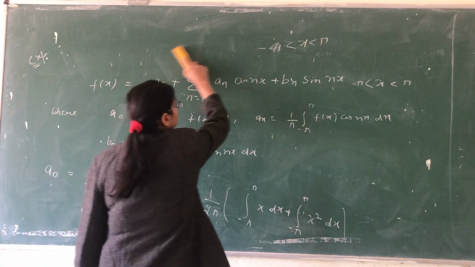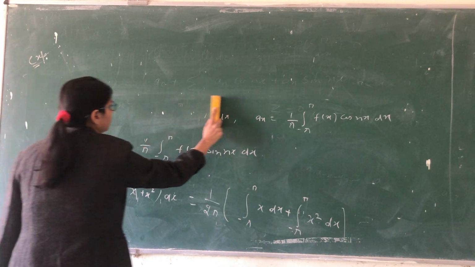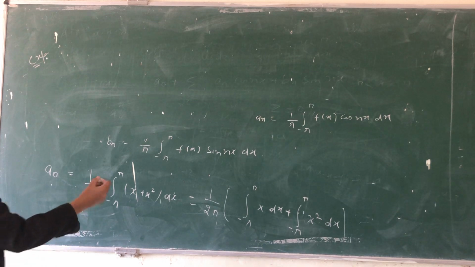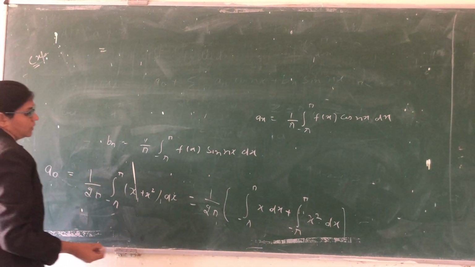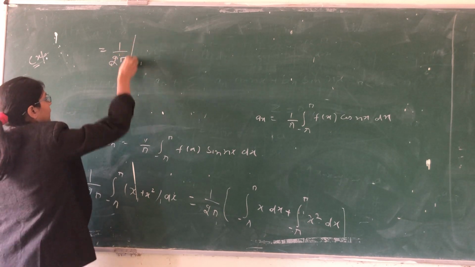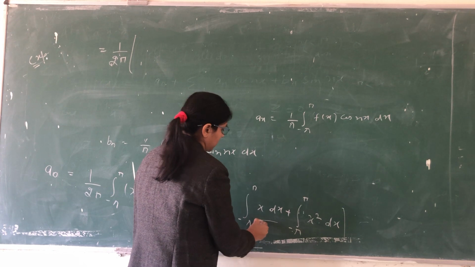Now this is what we know that 1 upon 2 pi. This integration minus pi to pi x dx is what?